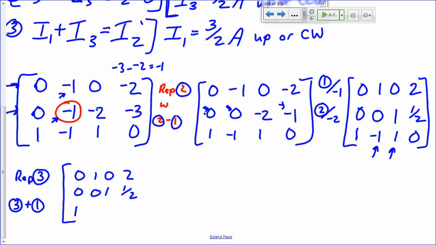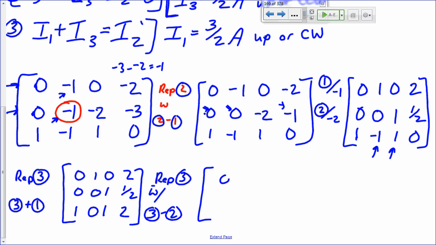That's going to be 1 plus 0, -1 plus 1, which is 0, and 1 plus 0, and 0 plus 2. Now I'm going to replace row 3 with row 3 minus row 2.